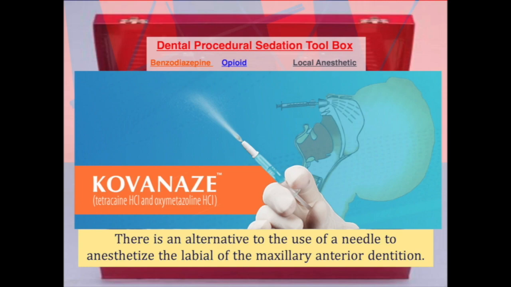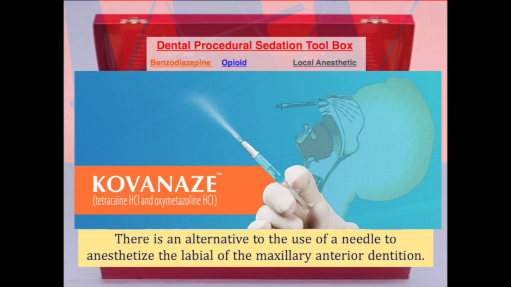Kovanaze, as I said I would talk about a little later, well, later is now. It is a mixture in a spray form of tetracaine, which is an ester local anesthetic, and oxymetazoline, which is a nasal decongestant. It's the main component of Afrin nasal spray.